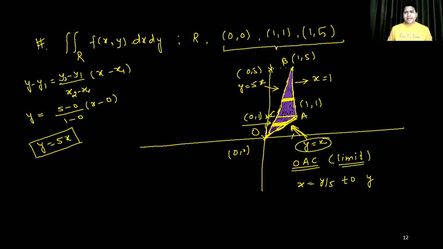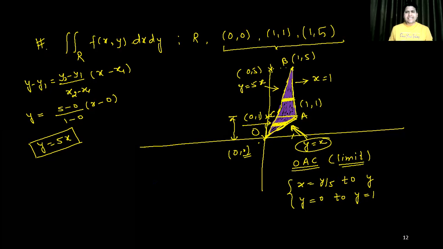So the limit of x is y upon 5 to y. What about the limit of y? The variation on the y-axis is this much only, from (0, 0) to (0, 1). At (0, 0) the value of y is 0, and at (0, 1) the value of y is 1. So the limits for the lower region are x equals y upon 5 to y, and y equals 0 to 1.